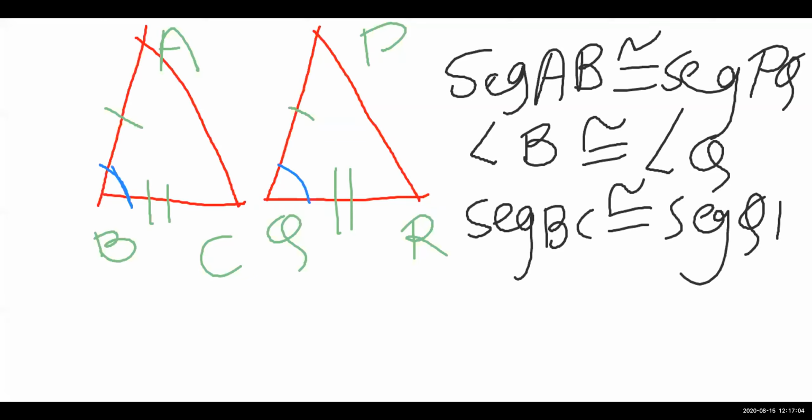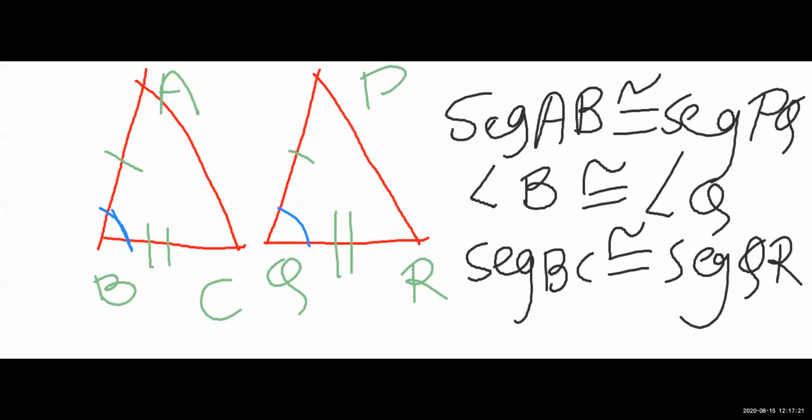If such three things are congruent, in some cases it will be 2, then we can say that these two triangles are congruent to each other.